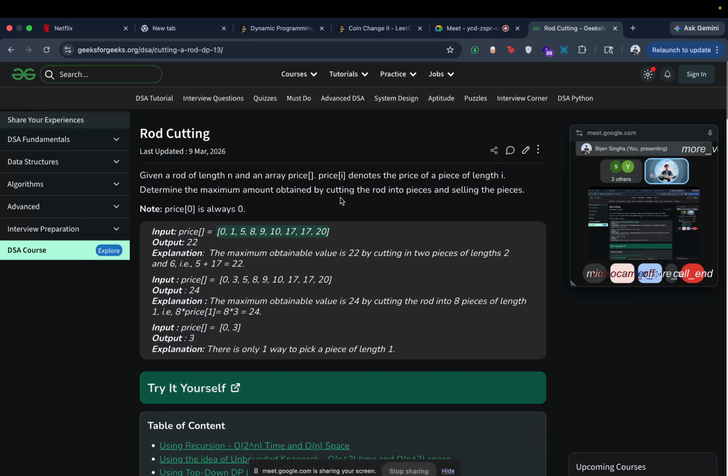If you have to sell length 0, the price will also always be 0. Now observe here. Here 8th length is given. How is 22 coming? That we need to find out.